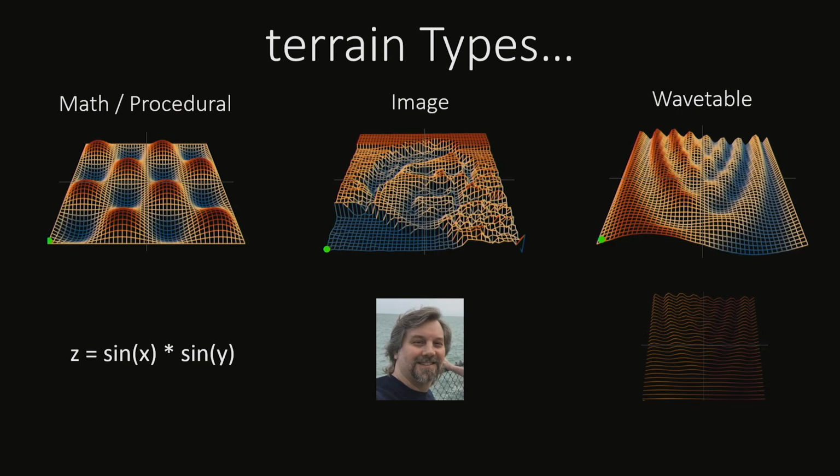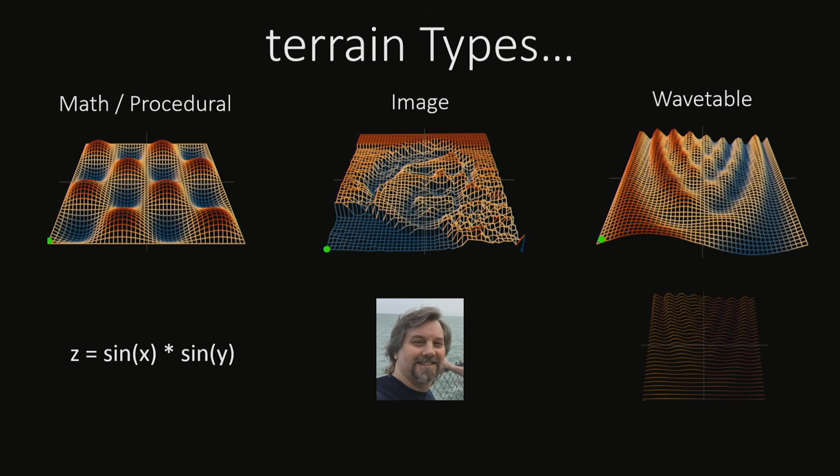Okay, so now let's talk about the terrain types. There are 3 types of terrains that we support in our engine. One is a mathematical terrain or procedural terrain. I'm stealing the word procedural from the procedural texture map in 3D graphics rendering. The other one is images.